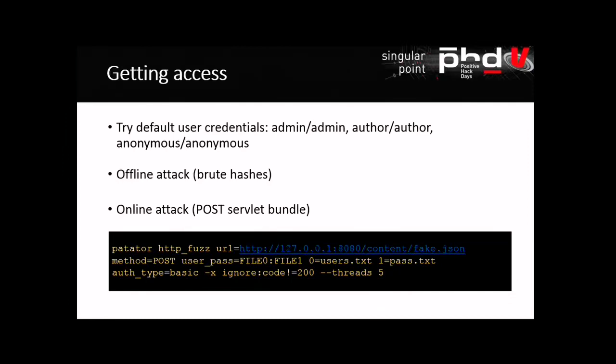If the Core Builder JSON is available and we manage to dump the hashes, they are either SHA-1 without salt or SHA-256 with salt. If nothing works, we can try an online attack.